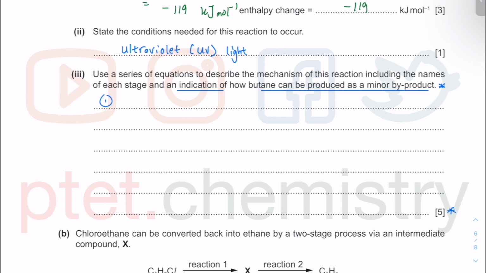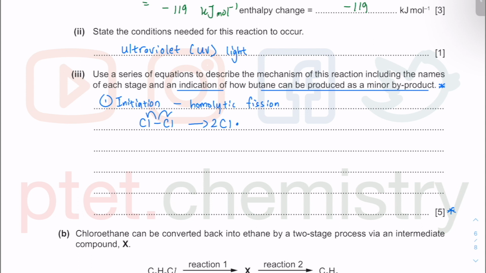So my first step is what I would call initiation. Initiation is basically the homolytic fission. This is homolytic because it's the equal breaking of the covalent bonds such that you get Cl like that, with a half-headed arrow. They call it a fish hook arrow, half-headed because one electron goes here, one electron goes there, and you get Cl dot.